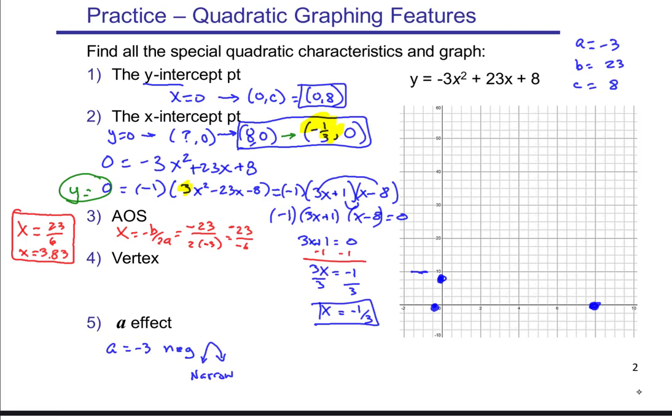So I'm going to come over to 4 and just do a little bit to the left of 4 on the x-axis, because where it crosses down here is x equals 3.8. It's not perfect, but it's going to be good enough for us to sketch. And that's helpful because I have symmetry.